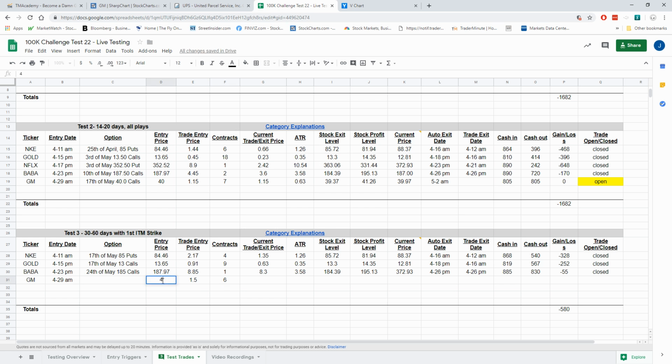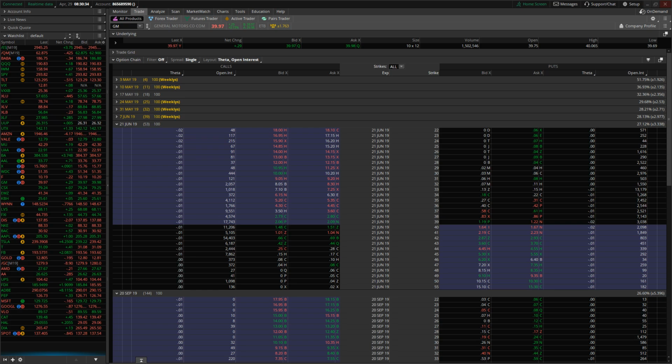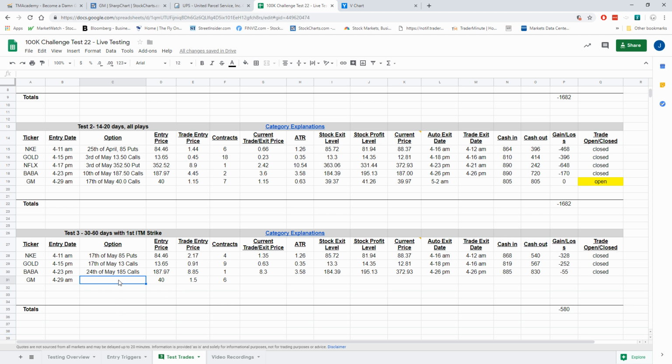And the entry price on the stock, $40. And these are now the June monthlies, right? So they are the 21st of June. 21st of June, 40 calls. And there we go, $1.50. ATR is the same, 0.63.